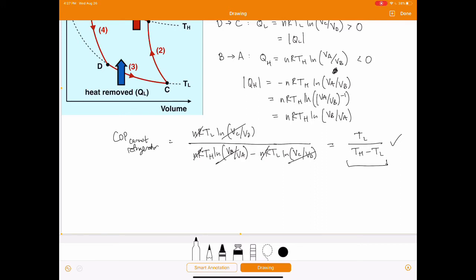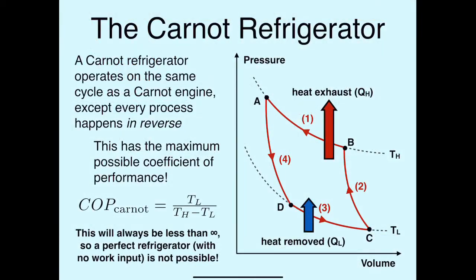Okay, so the coefficient of performance for a Carnot refrigerator that we derived is TL divided by TH minus TL. And again, think of that as the maximum possible coefficient of performance. That's something you can't do better than. And this is not ever going to equal infinity, by the way.